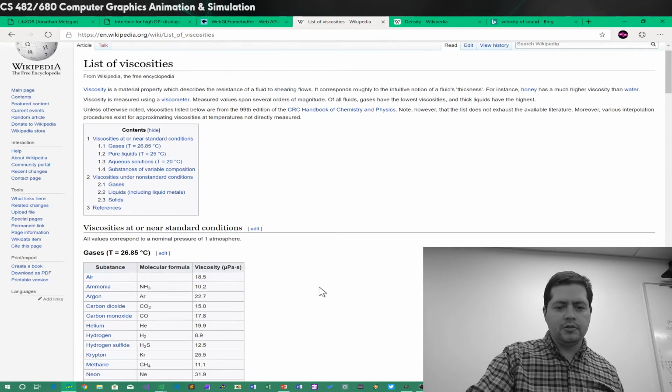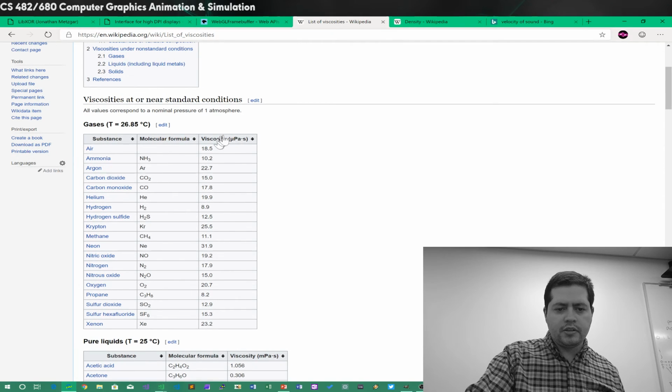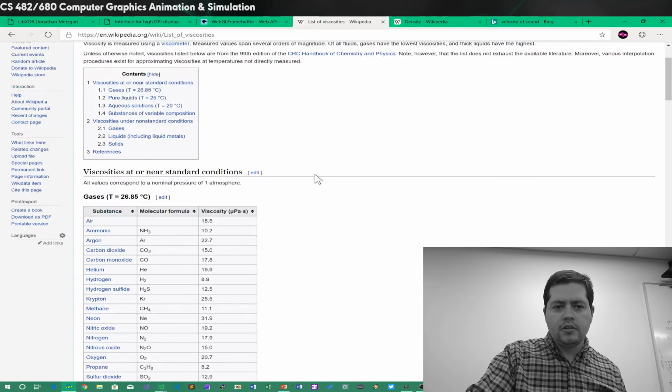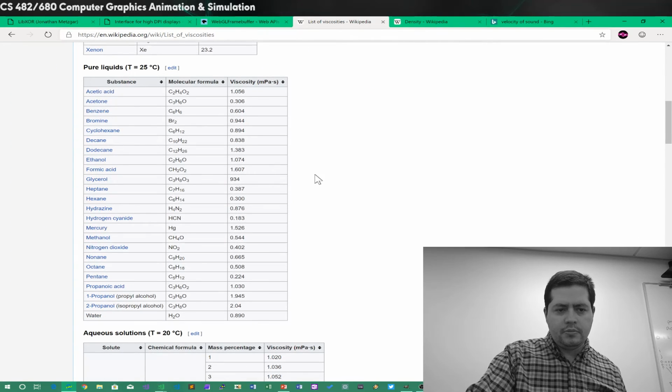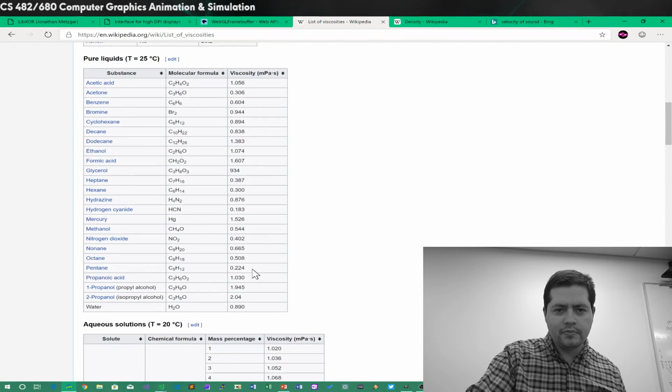Let's check the table. There's this works. That's micropascals. Pure liquids. So mercury 1.5. I always like to pick things that might be something we would want to do.